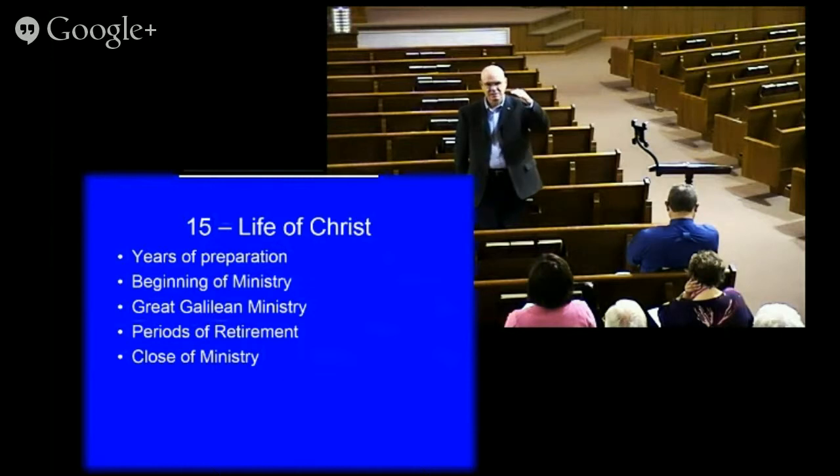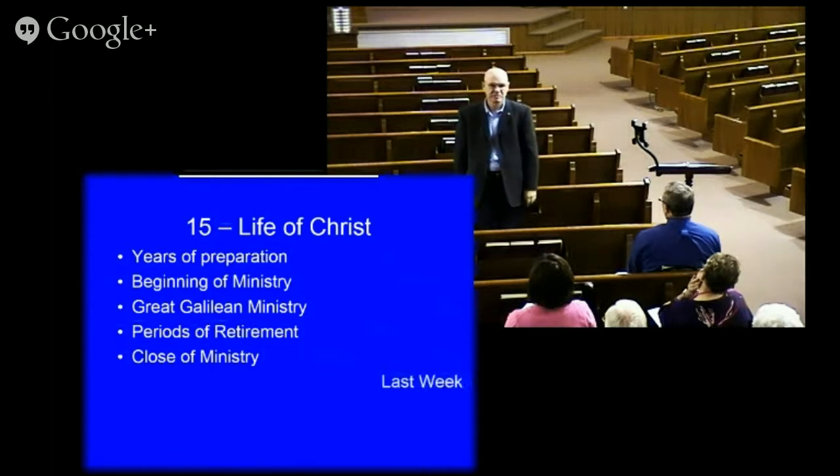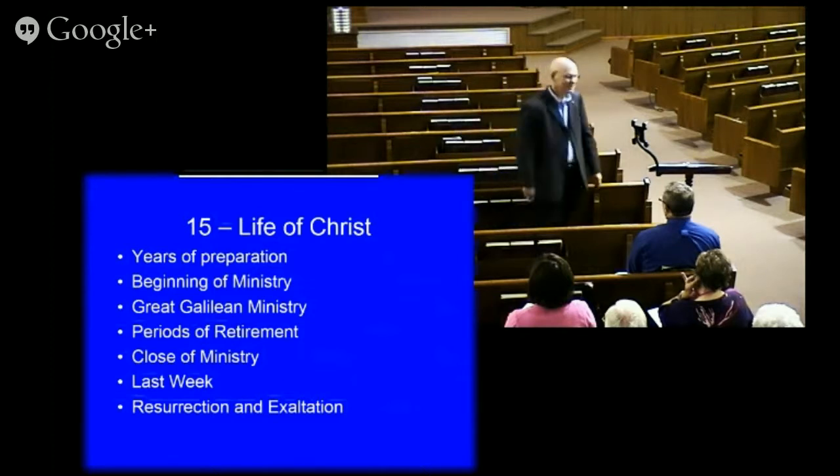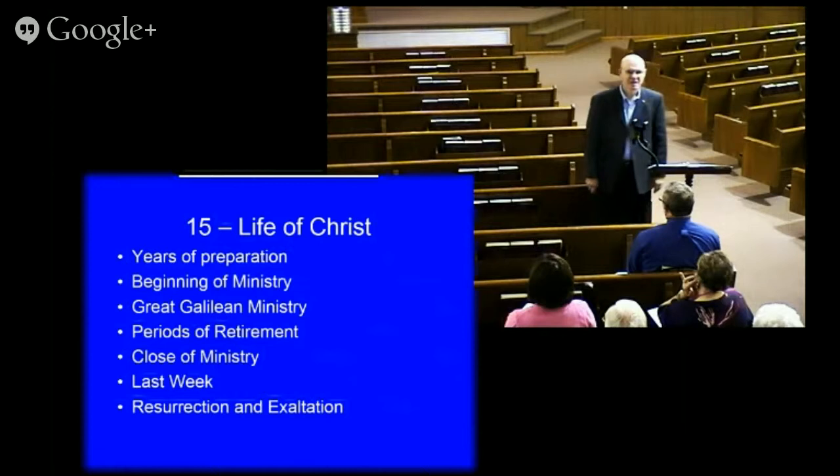So you've got 6 months, 18, 6, 6, like about a 3-year period of the life of Christ, with the last week and the resurrection next. So you can use an acronym to remember those. I've got mine. It's not pretty, but it works. So think about how to remember those 7 periods of the life of Christ.